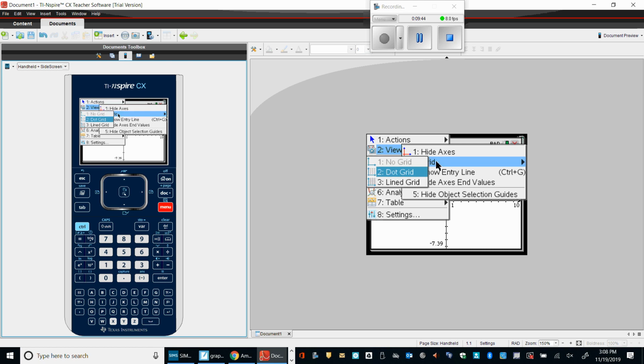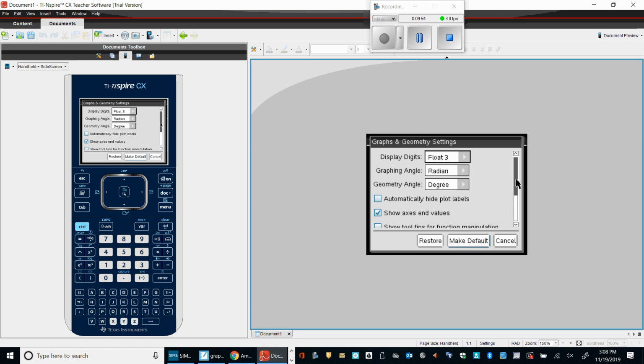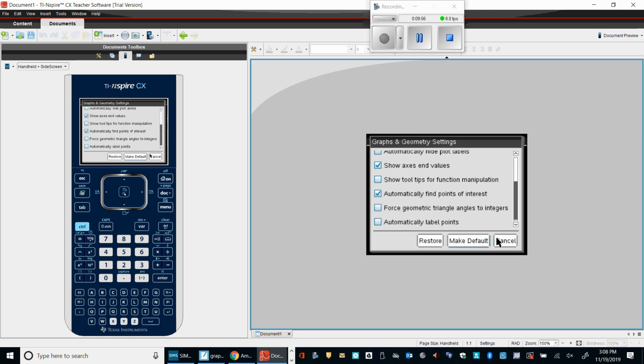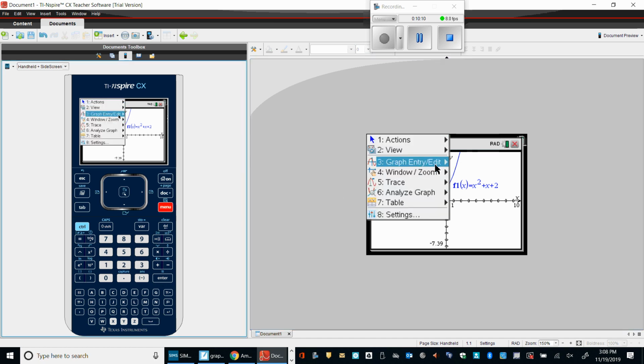So if you prefer to have actual grid lines, you can see them. What else can we do? Settings should be a general answer that we shouldn't need to worry about. Okay, so that's our graph. So we can see that it's what we call a parabola. Lovely jubbly. Now, if we want to do something else, we hit menu and we go to graph entry.